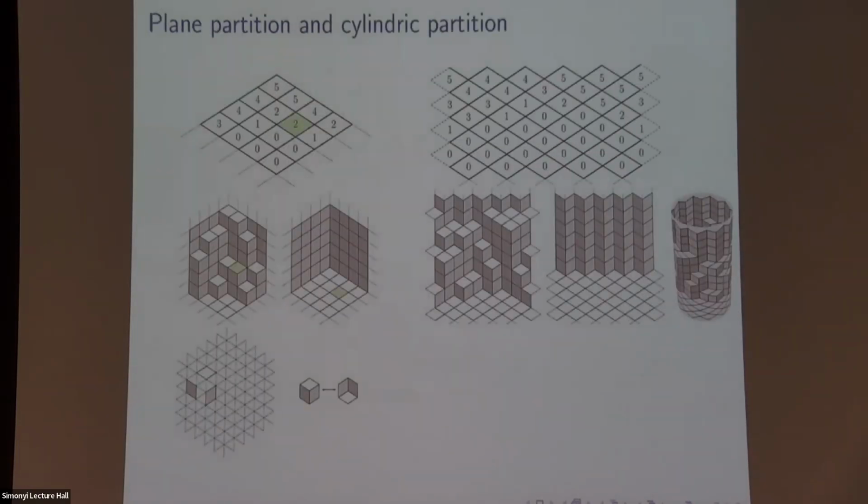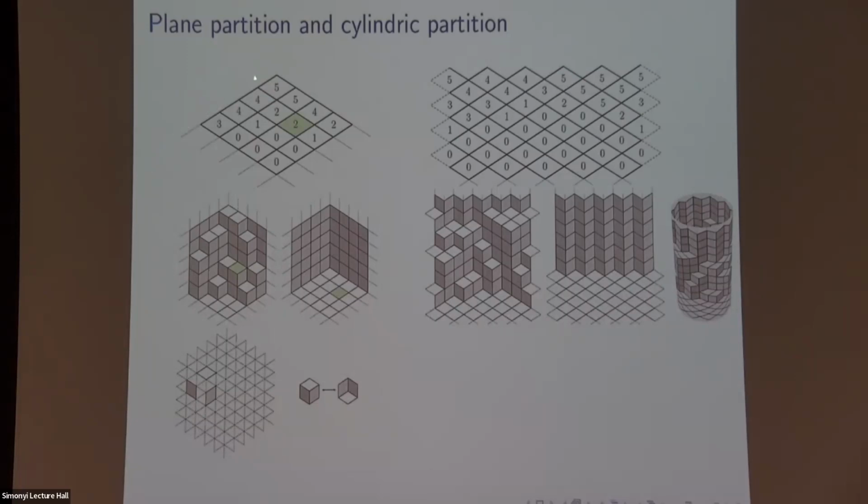Let us keep going. Before I give you a definition of a cylindric partition, let me remind you of one more object, which is a plane partition. It can be seen as a generalization of an ordinary partition. What is a plane partition?